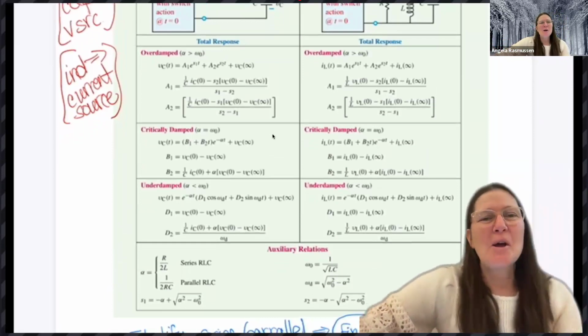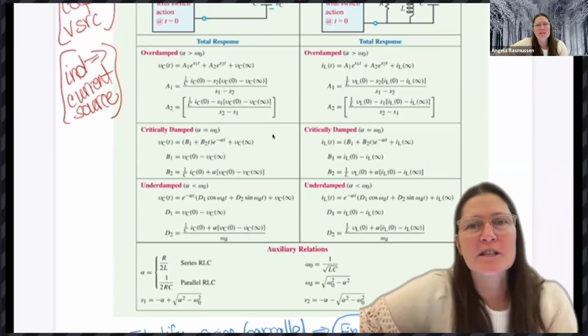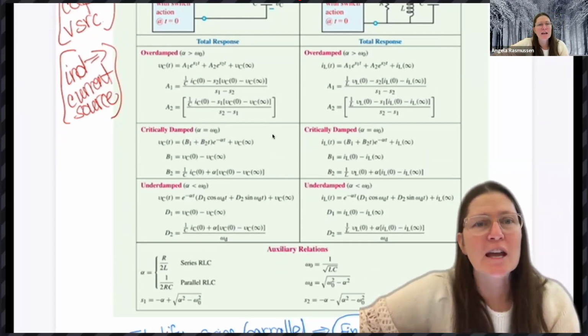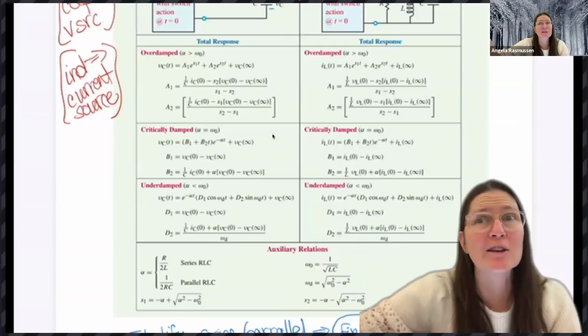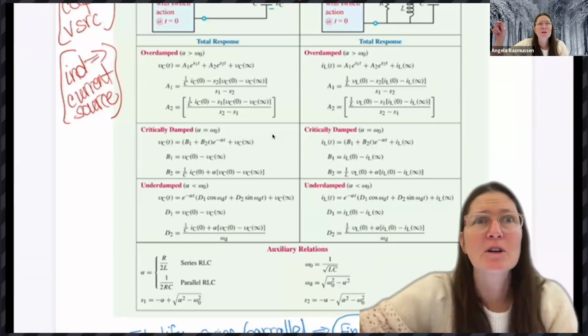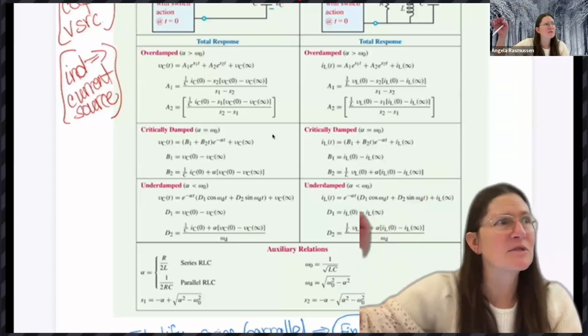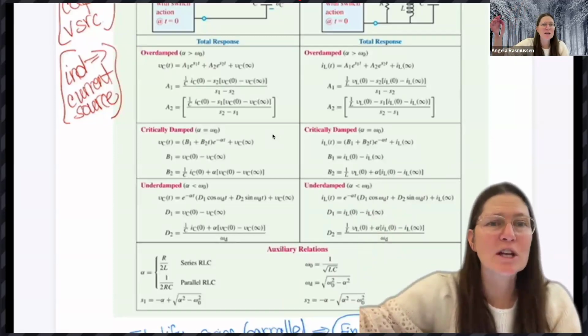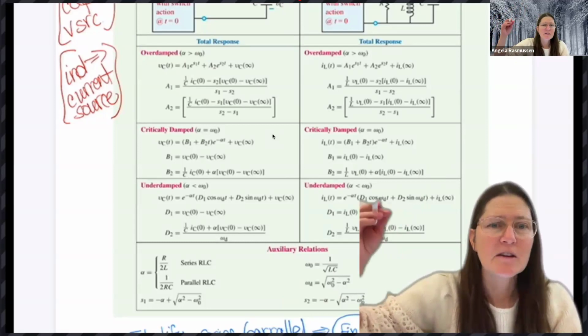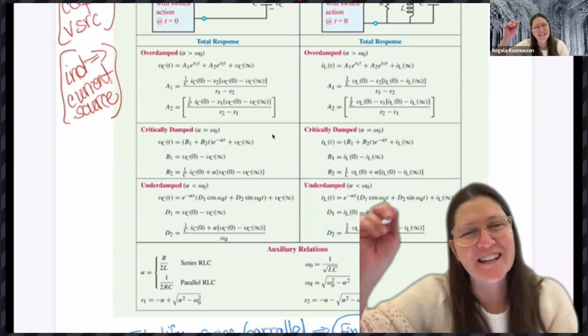Once we've narrowed it down to an equation set, overdamped is going to be of exponential forms. It has A, which is determined from initial and final values, and the characteristic roots, S1 and S2, which give the exponential forms, and then the final value.